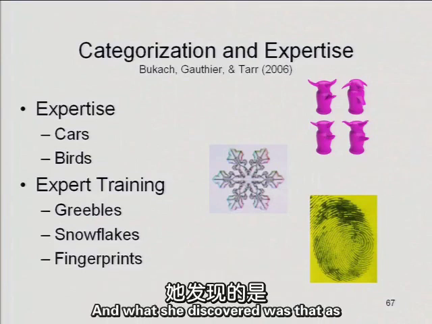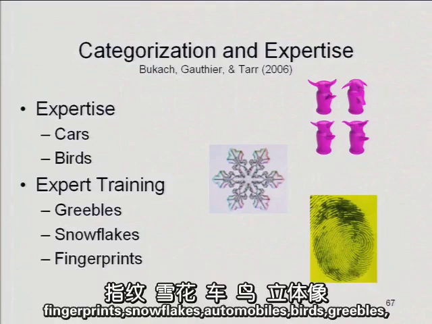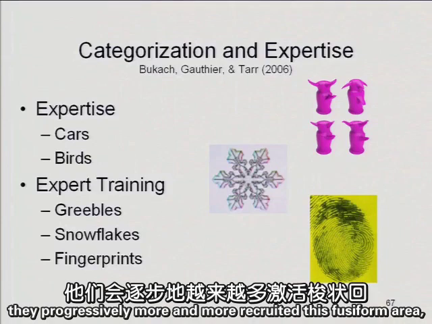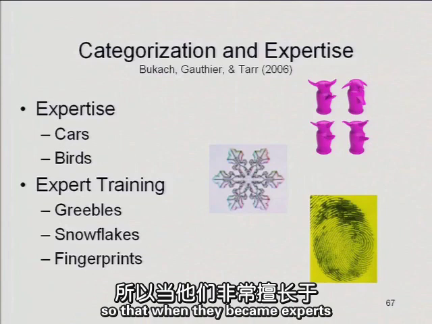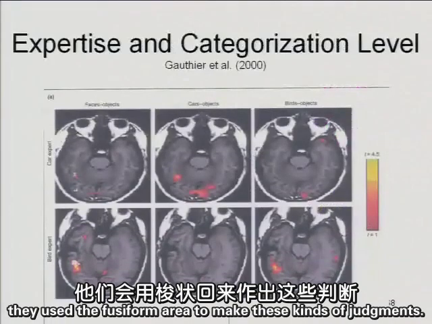And what she discovered was that as subjects became experts in categorizing these non-social objects, fingerprints, snowflakes, automobiles, birds, greebles, they progressively more and more recruited this fusiform area, so that when they became experts in subordinate level classification, they used the fusiform area to make these kinds of judgments.